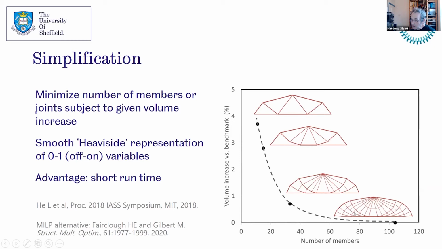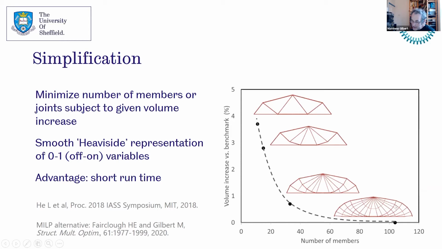And you say, okay, if I am happy to accept, for say, a 4% or 5% increase in my volume, show me the solution when I'm minimizing the number of members or minimizing the number of joints.